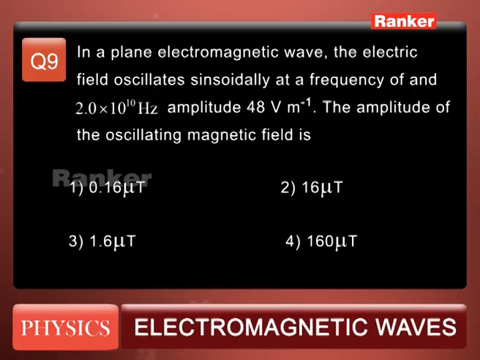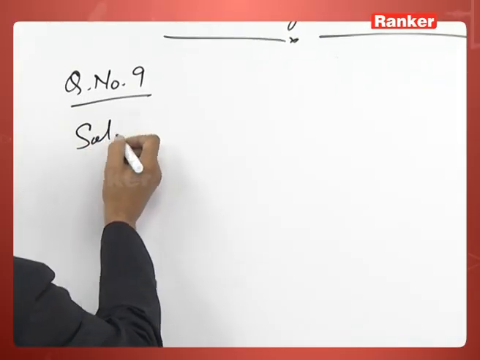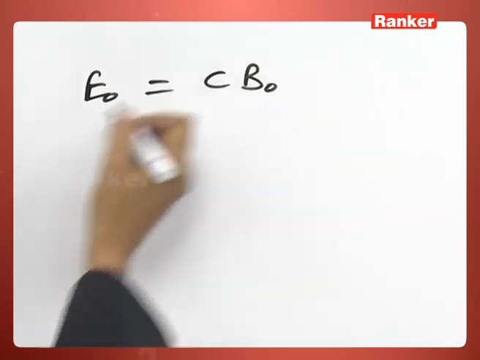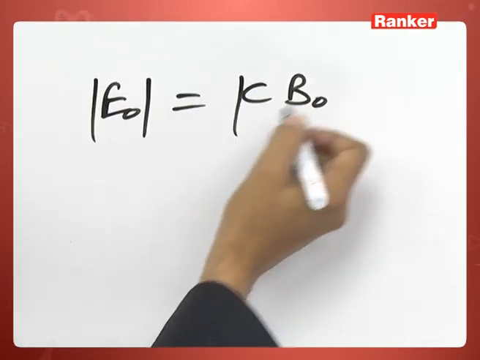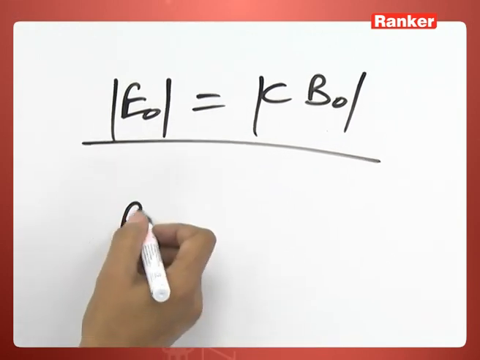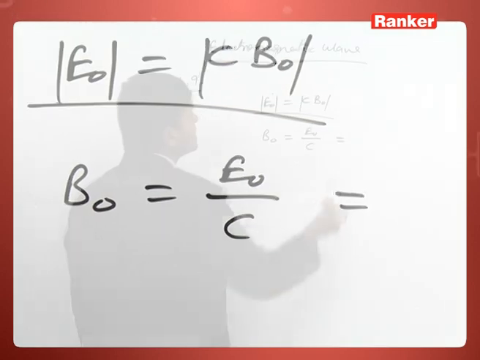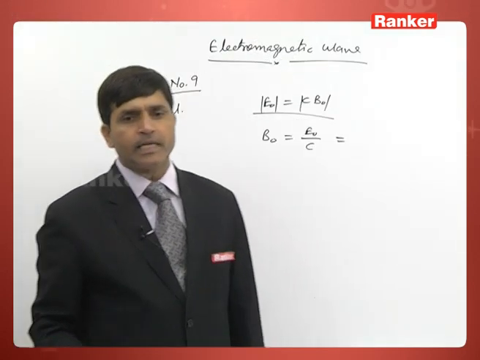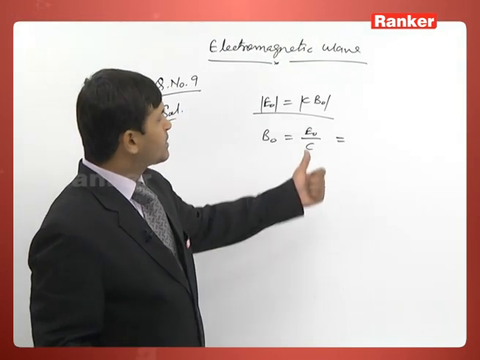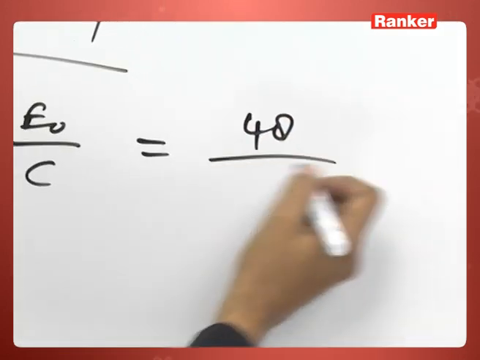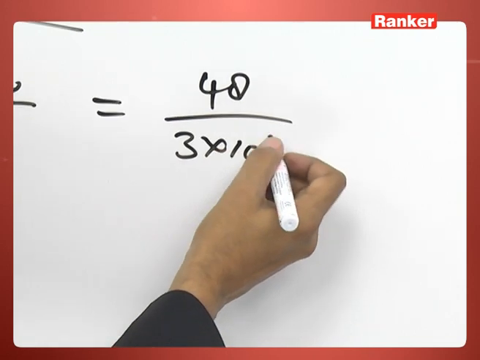See, in an electromagnetic wave, the electric field is written as C into B naught in terms of the magnitude. So B naught is equal to E naught by C. It is given that the electric field is oscillating, so the electric field magnitude is given as 48 and C is 3 into 10 to the power 8.